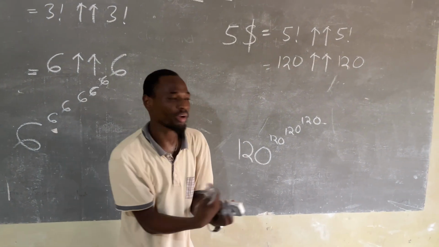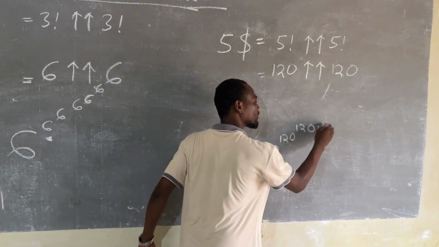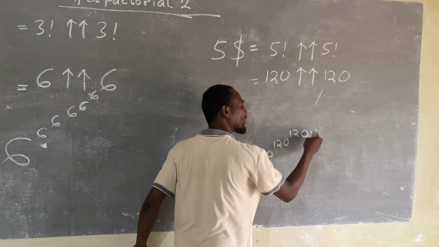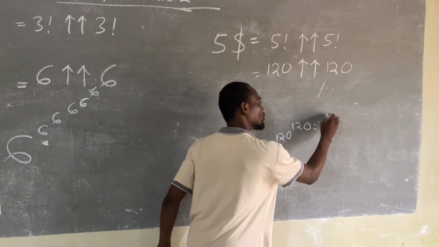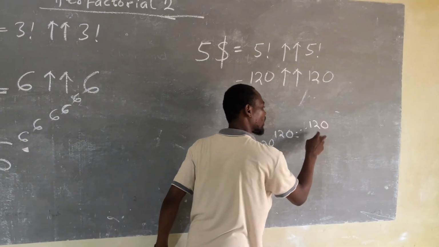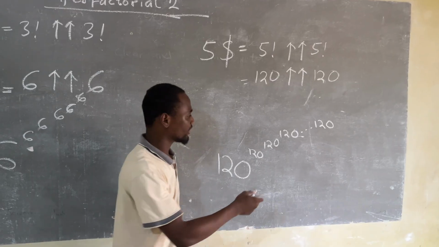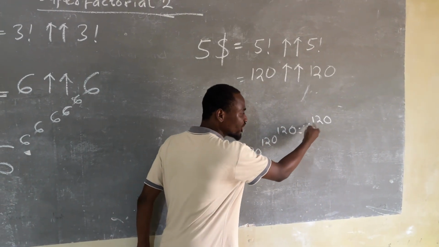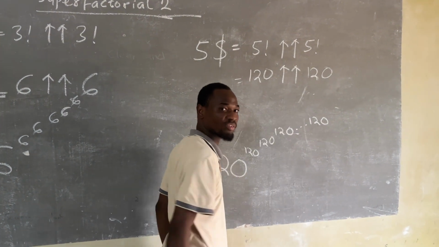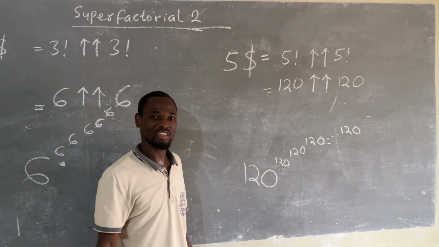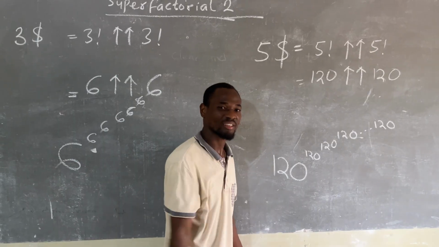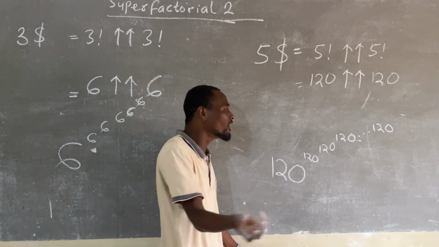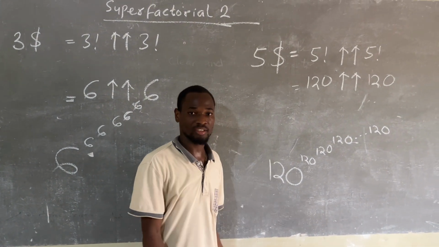So what you do is you bring in dots to represent an indefinite number of terms, to show that it continues from there up to 120. These numbers are very, very difficult to evaluate, so you leave them as such.